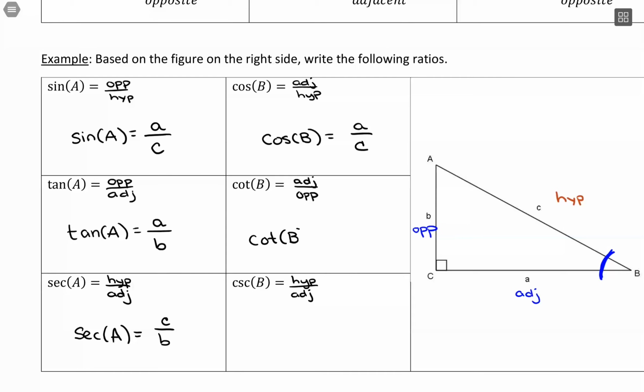Cotangent of B, adjacent over opposite. And then cosecant of B is the hypotenuse of C over opposite, which is B. So just figuring out those ratios, but really we just need to know sine, cosine, tangent. We can get cosecant, secant, cotangent by flipping those relationships.